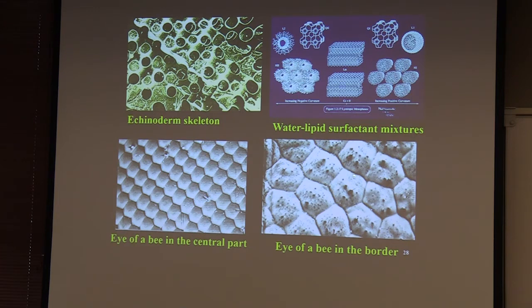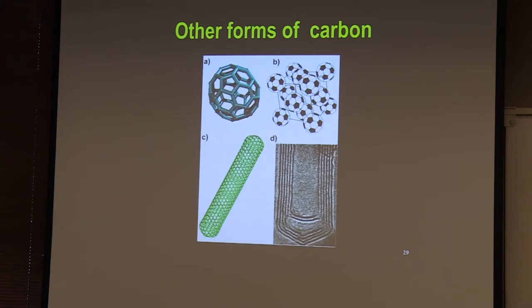Uses positive curvature by introducing pentagons, uses zero curvature here, in these bilayers, and uses negative Gaussian curvature in these faces. So also at the atomic level, it should be possible to have positive Gaussian curvature and negative Gaussian curvature.